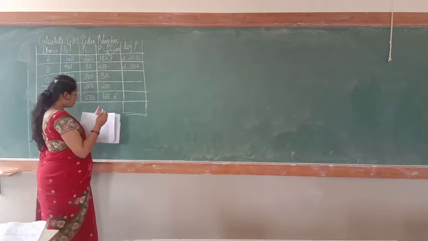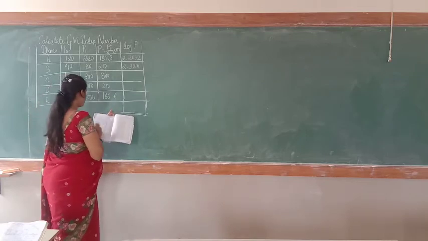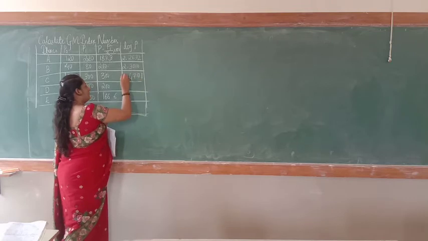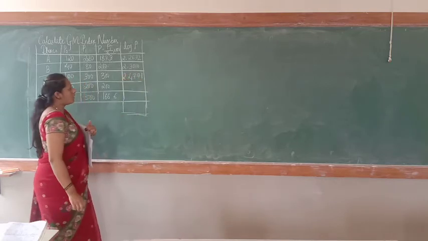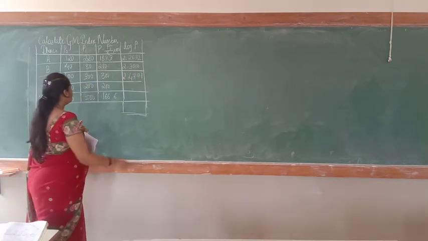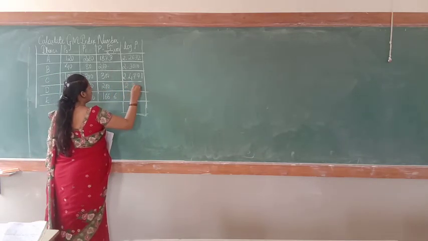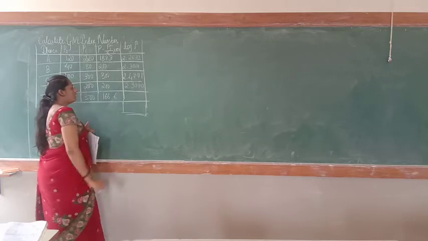Next one is 300. 30, column 0 is 4771. Same, 3 digits, so minus 1 is 2.4771. Here 200, so same, it will come 2.3010. Next, 166.6.